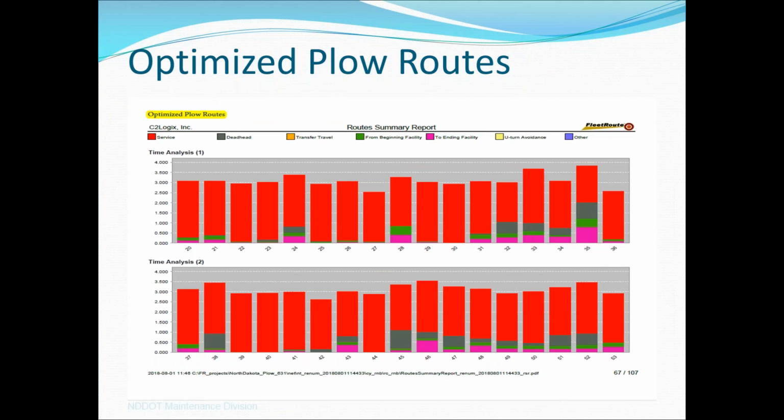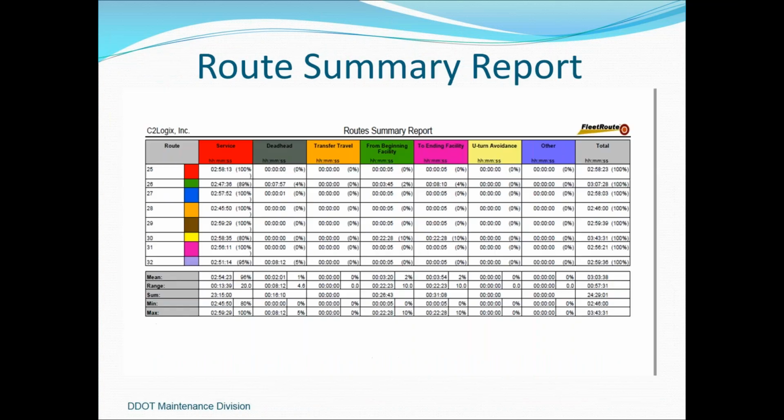Now you can see the final results. This is our premium run, or run number 3 that we were satisfied with. You can see how it balanced out the time for the routes based on those allotted times based on our level of service. This is another graphical way, or chart way, of showing the results.